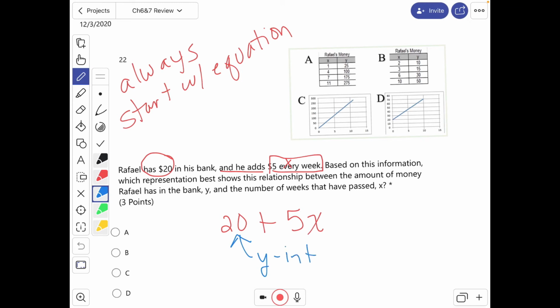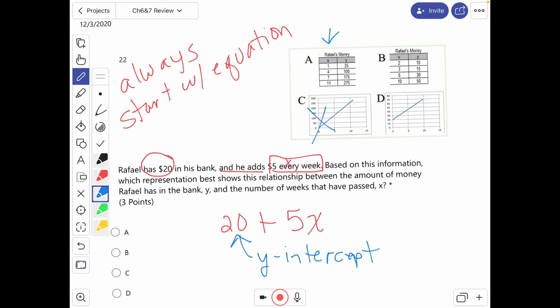And remember, this is supposed to be the y-intercept. So if I'm looking at these graphs, where the line crosses the y-axis has to be at 20. So that means it can't be C. And then we can try plugging in some of these numbers to see if any of those would work.